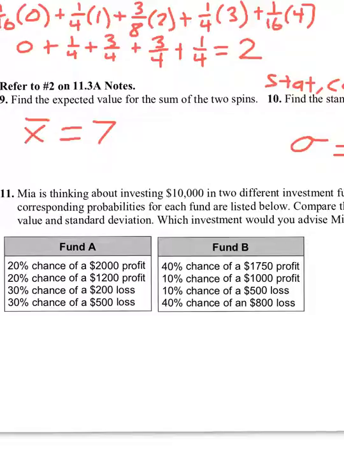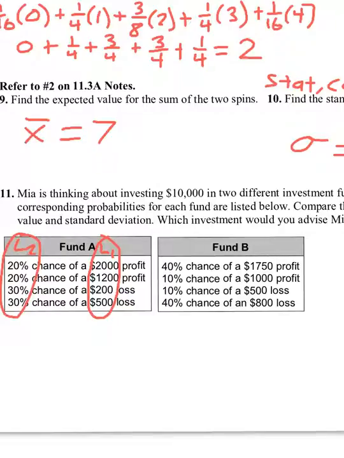Okay, first I'm going to calculate the statistics for Fund A. Stat, calculate one variable stats, L1, L2. So the way I want you to show your work is, you can write L1 here. You can write L2 here.